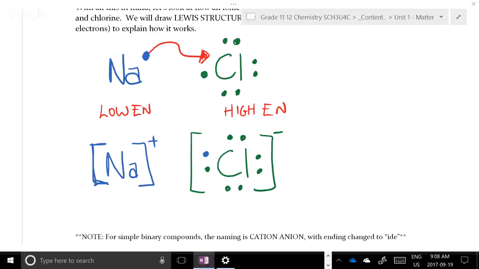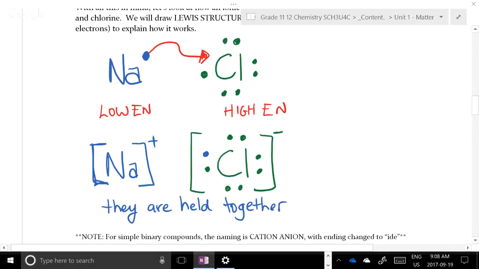A positive electrical charge and a negative electrical charge have a strong force of attraction to each other, and we call that an ionic bond. So they are held together by their opposite electrical charges.